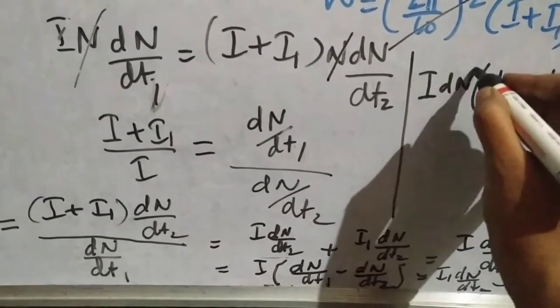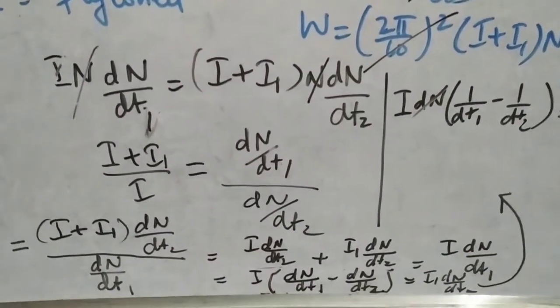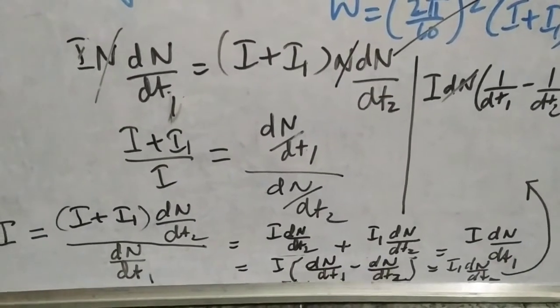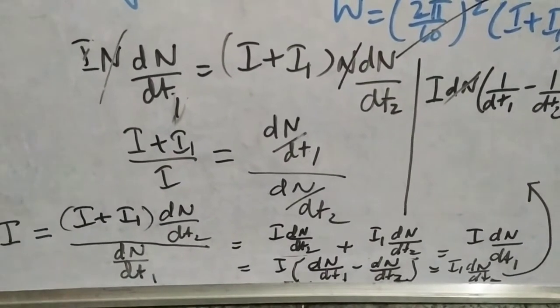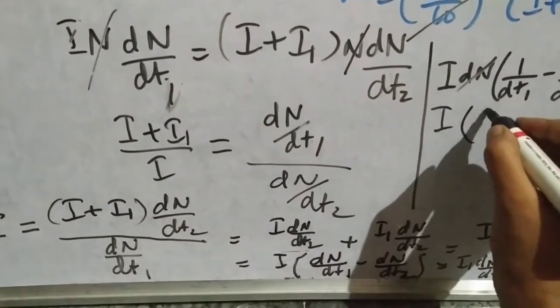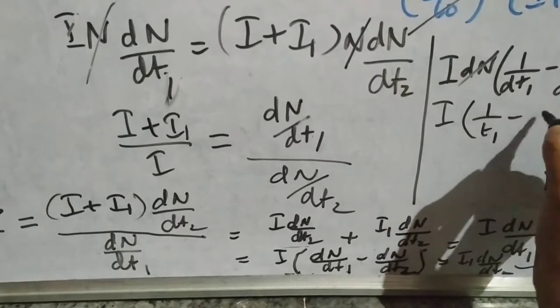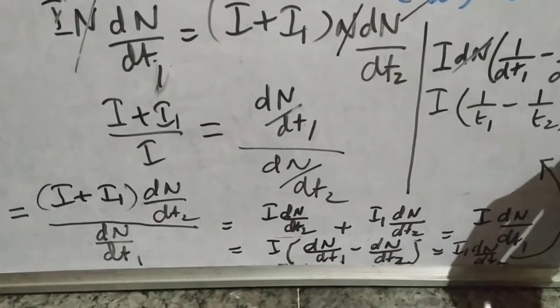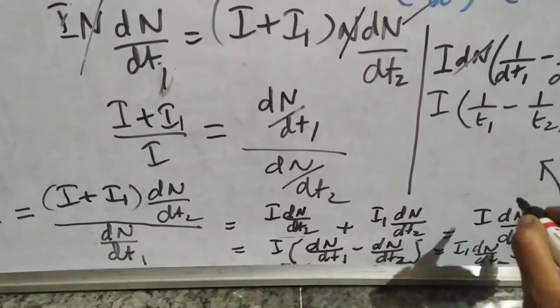So dn I will cancel it off, and I will remove all the differentiation by integrating on both the sides. So it will lead to I into 1 divided by t1 minus 1 divided by t2 is equal to I1 divided by t2.